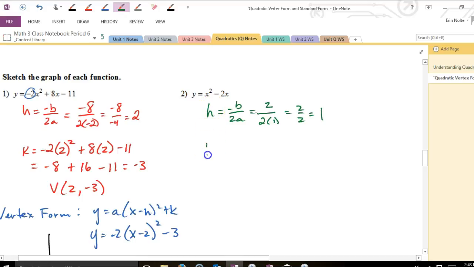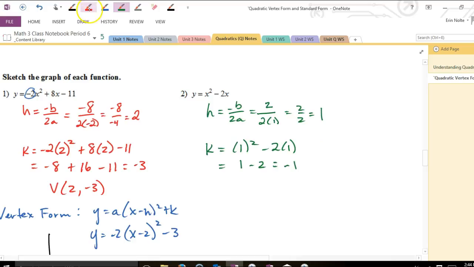All right, how do I find k? Feel free to sing the song if you want. All right, so 1 squared minus 2 times 1. Okay, what's 1 squared? 1, and I have 2 times 1 is 2. So what's 1 minus 2? Negative 1.